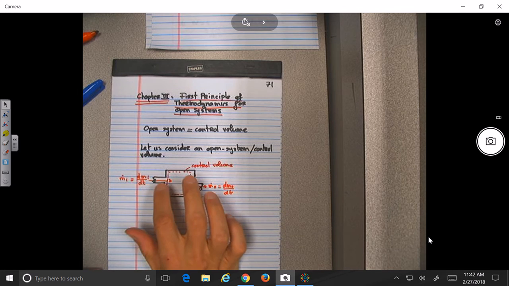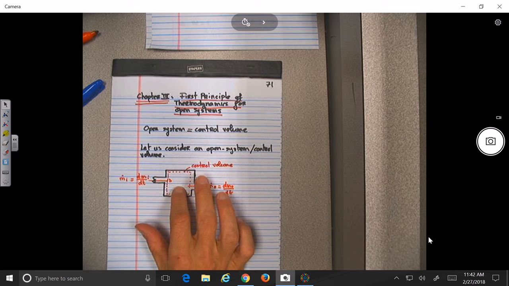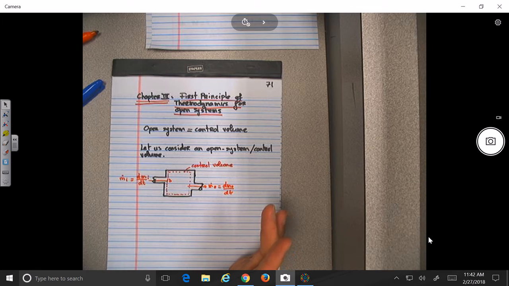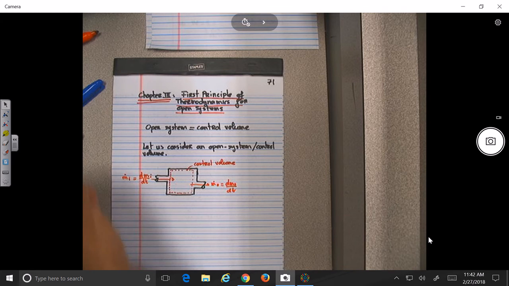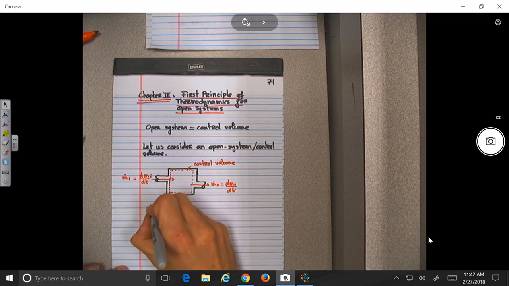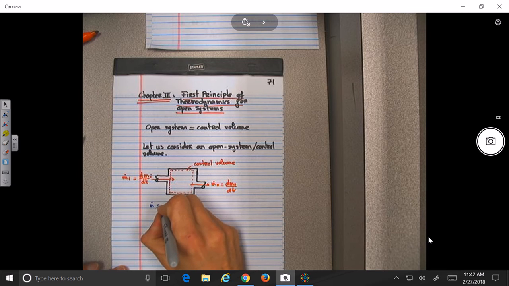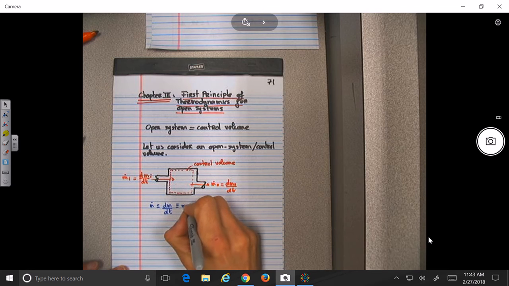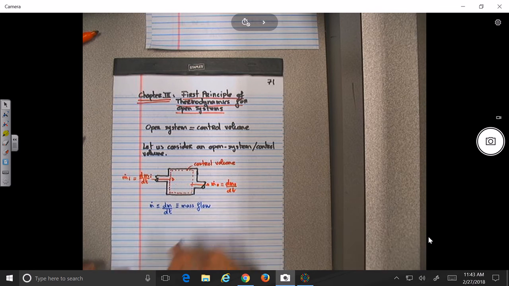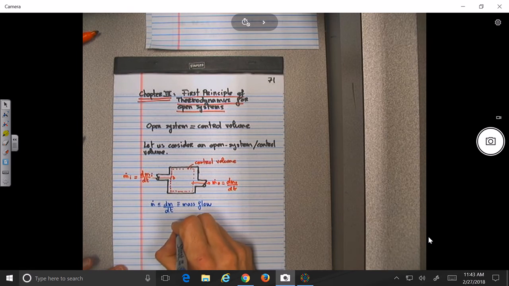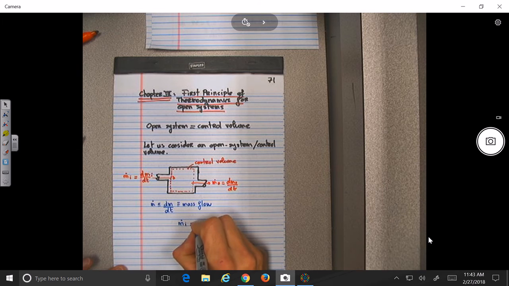Are we adding any mass over here? We are not adding any mass. So m dot, or dm/dt, is what is known as the mass flow. I think it makes sense to say that the mass flow in should be equal to the amount of mass coming out.